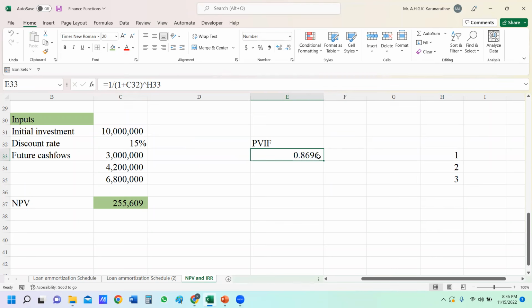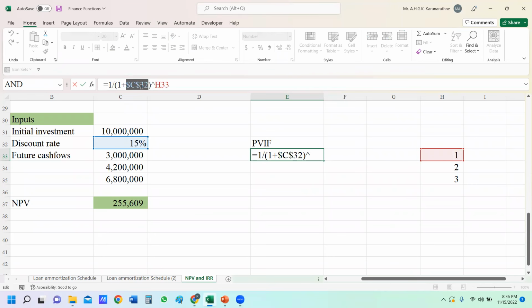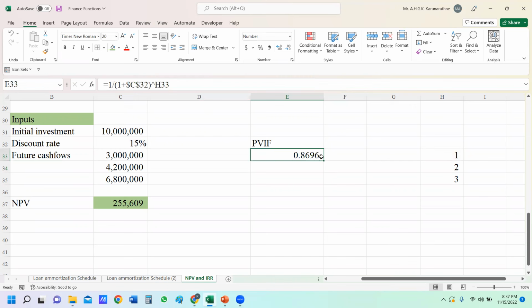So this is the discount factor. We can copy it to the rest of the part. We can make it constant. So these are discount factors.